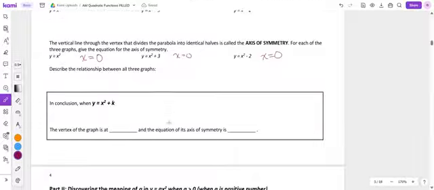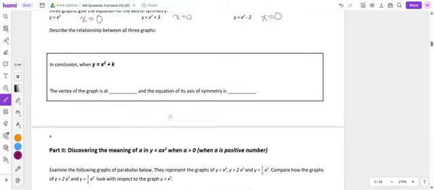So let's write a conclusion. In conclusion, when y equals x squared plus k, k causes a vertical translation.